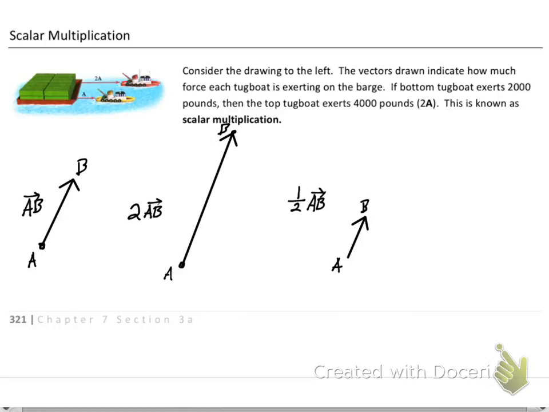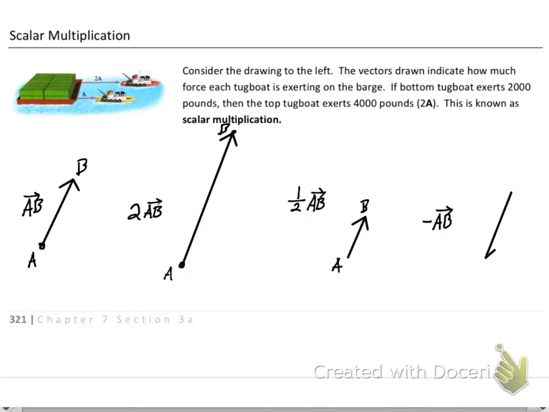The only way a scalar multiplication can actually change the direction of a vector is if it's negative. If it's a negative scalar, it's going to reverse the direction. So if I'm going in this kind of arrow, I'm just going to reverse the direction, but the line's going to stay the same. So an example of that might be if I have negative scalar multiplication of AB, our line is going to look just like that original vector.